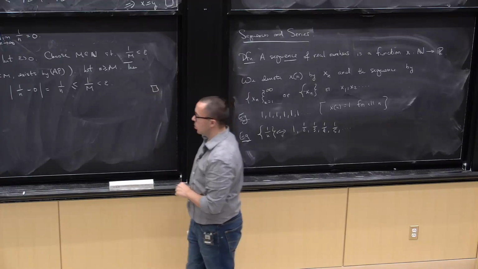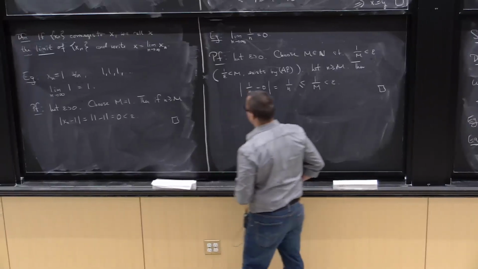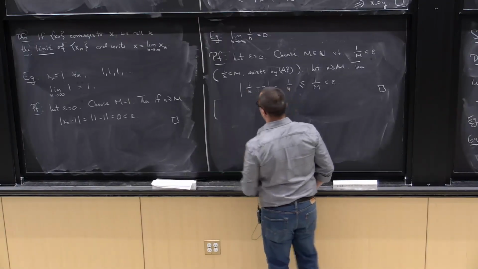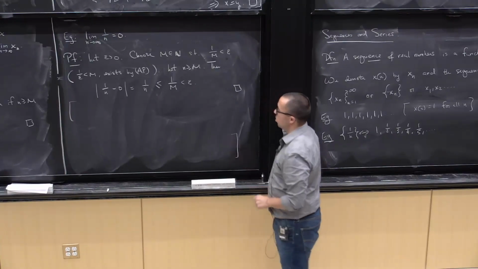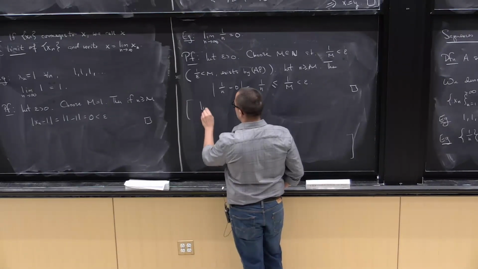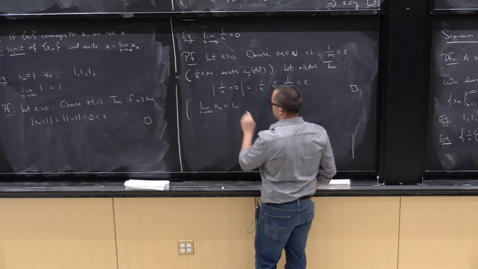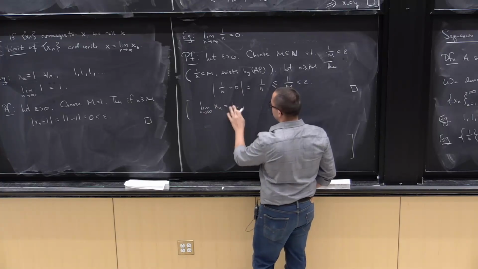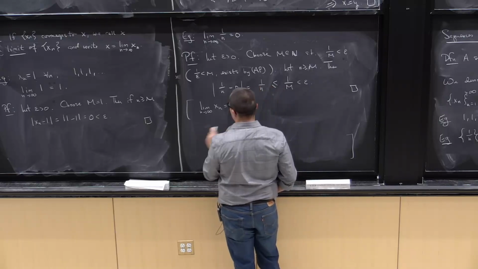Okay? And therefore I've proven what I wanted to prove. So, this is some discussion: if I just give you a sequence and I ask you to prove that, how do you come up with these proofs? How should the proof typically look? If I want to prove that the limit of x sub n equals L, what does the proof look like?